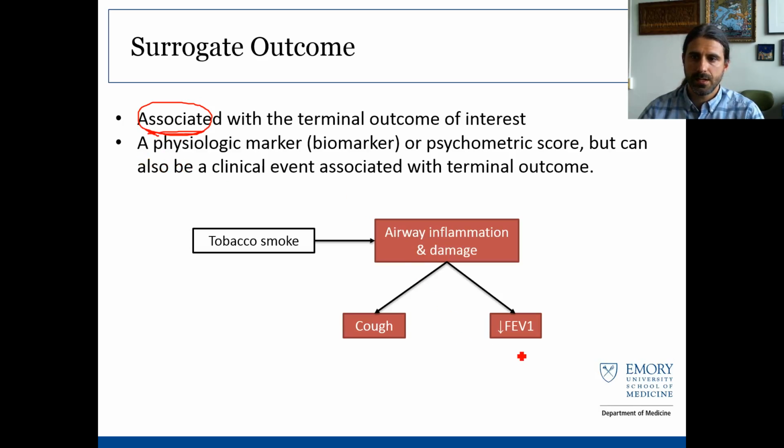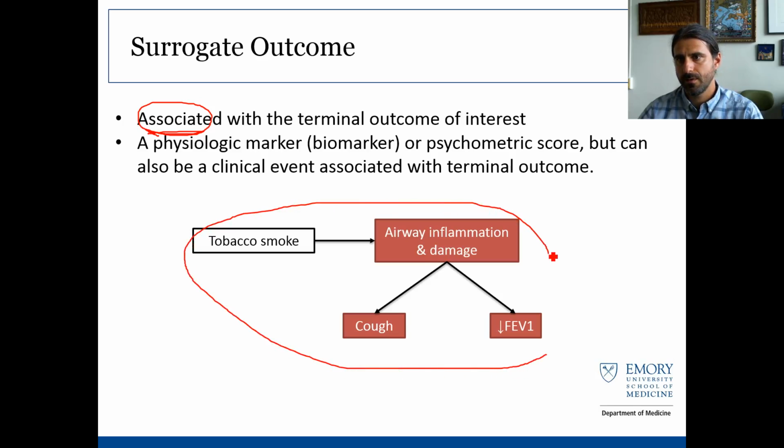So again, in this pathway, I'm interested in studying tobacco smoke, and I'm interested in studying its effects on FEV1. But let's just say, for example, in my data set, maybe it was given to me because I have no resources, all we have is self-reported tobacco smoke and self-reported cough.